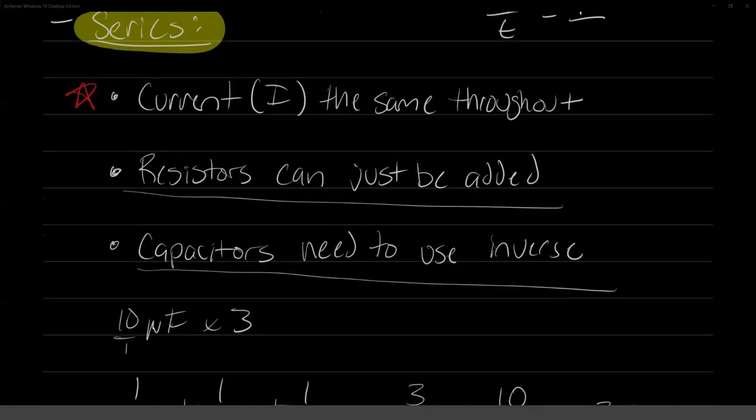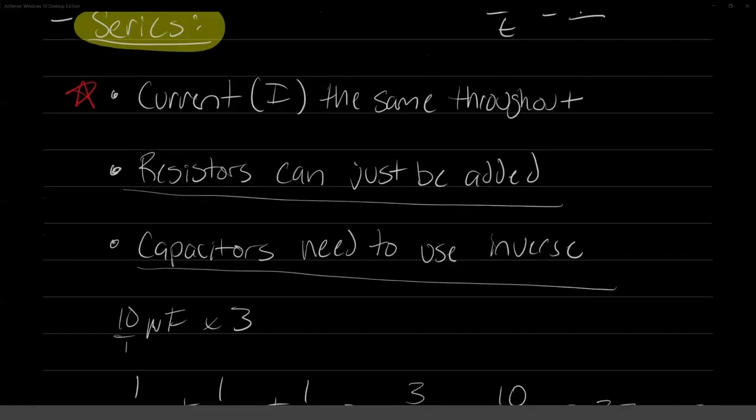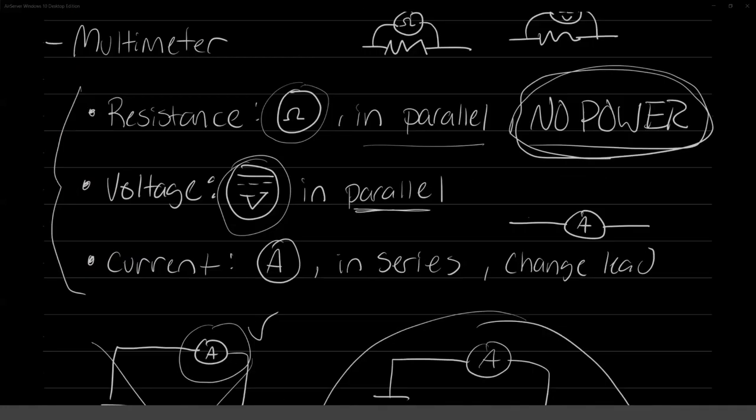That's correct. It's the one on the right, and it's just for current, because volts and ohms are measured in parallel. You do measure resistors in parallel. That makes sense because current is the only thing you have to do the switch for. Gotcha. That's the only thing to know. That makes sense. Thanks, Jeremiah.